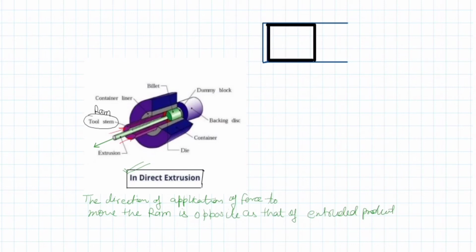Let me fill it. Then a specially designed tool stem or ram is placed at its other end, and that specially designed ram has the slot to fix the die in it.